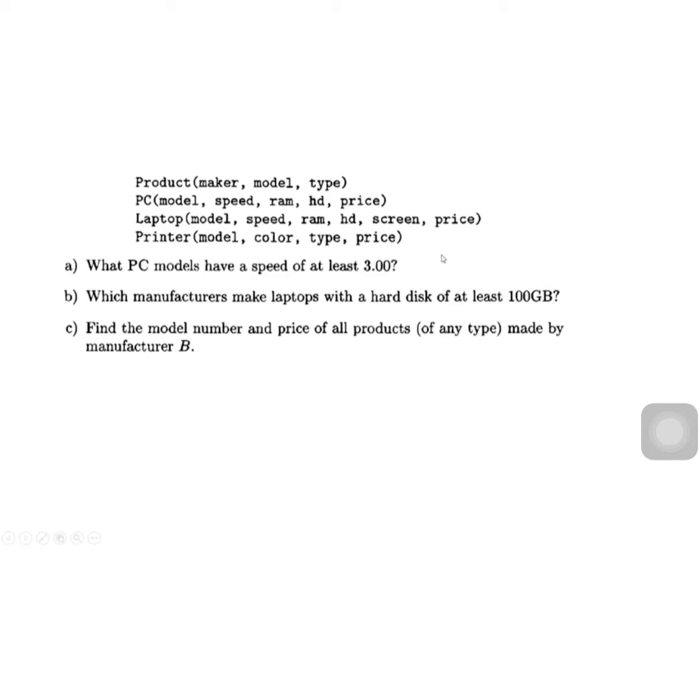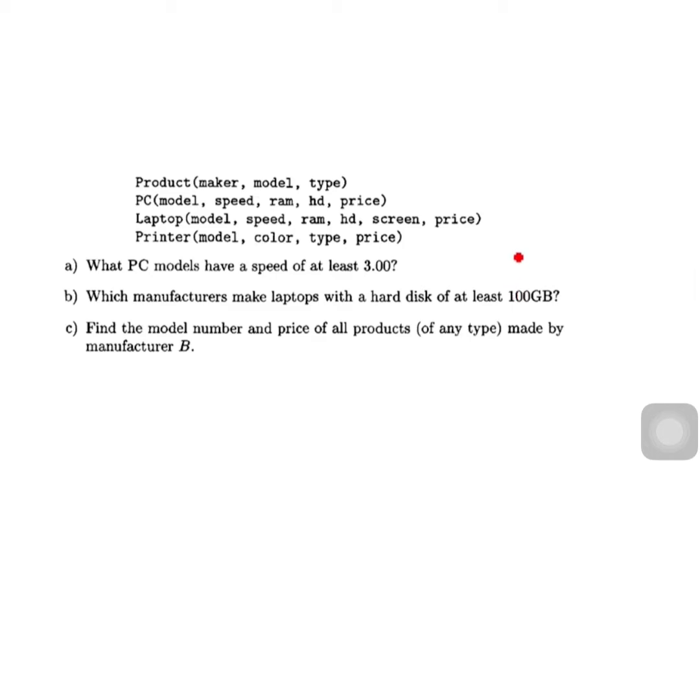If we want to filter a relation with some condition, we use selection.